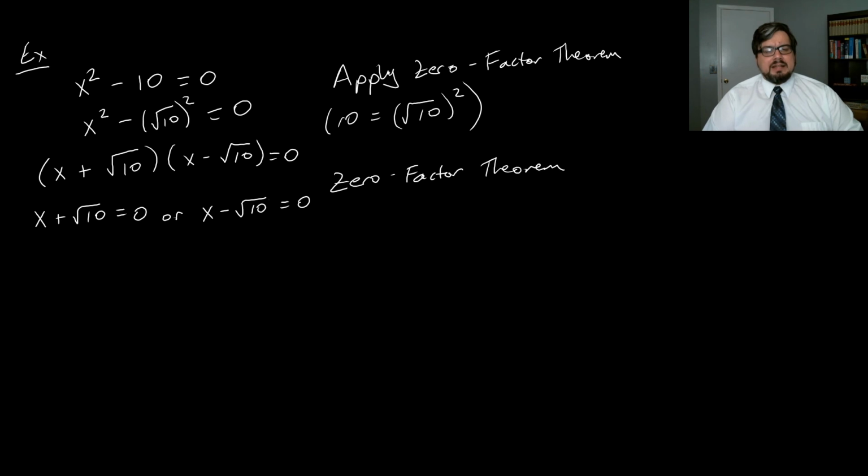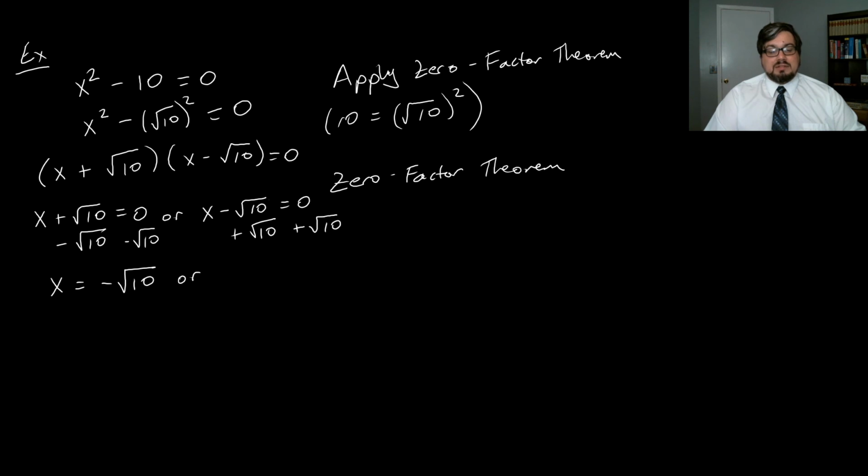The square root of 10 is a funny looking number, but it is just a number, which means that we can add or subtract it to both sides of this equation as we like. So we get x is equal to negative square root of 10, or we can add square root of 10 to both sides on the other equation and get x is equal to the square root of 10.